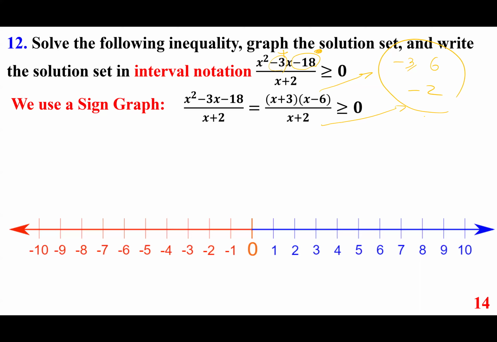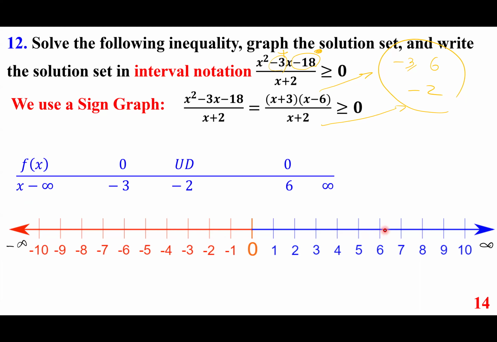And of course, from negative infinity to infinity. Okay, so these numbers: the smallest is negative 3, so here. The next one is negative 2 here. And the next one is positive 6 here. So we write it in this fashion. And we're going to call this function f of x, everybody.